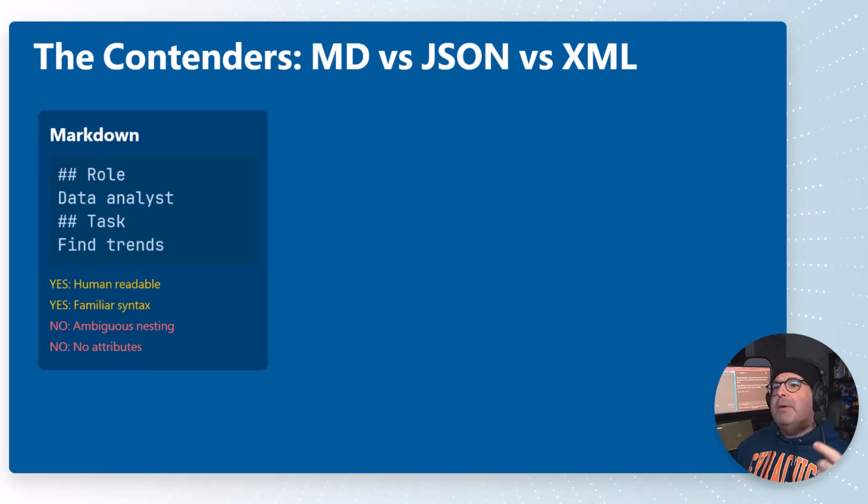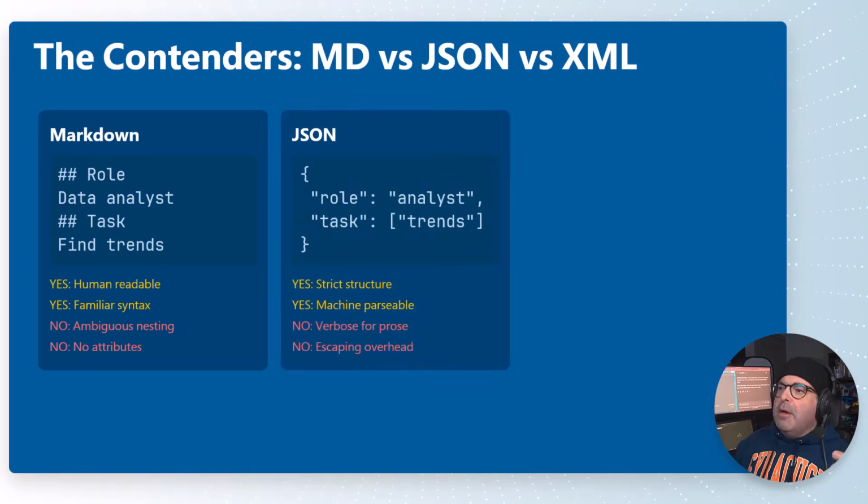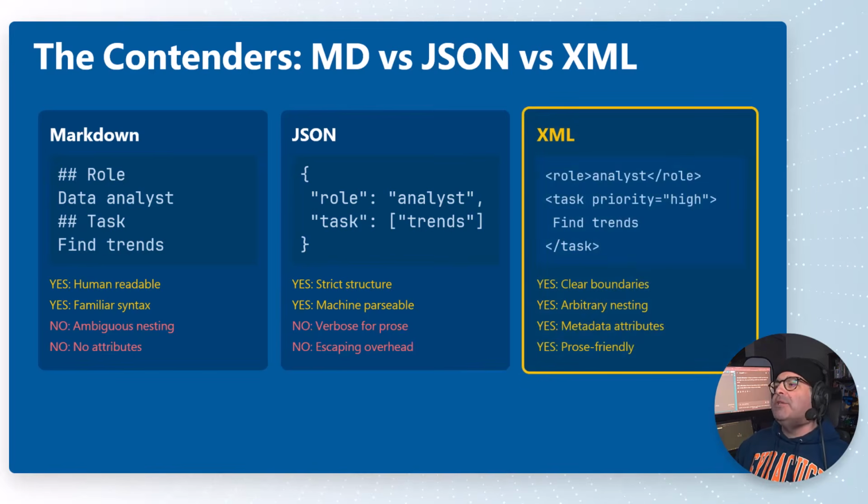It's human readable, it's familiar, it's used ubiquitously, but the problem is that the nesting is ambiguous and there's no attribute support. With JSON, this is the current data serialization format in development nowadays. It's eminently parsable by any AI, but it gets verbose and messy with prose, and if you're escaping lines, it can easily hang up in use. It just is kind of kludgy.